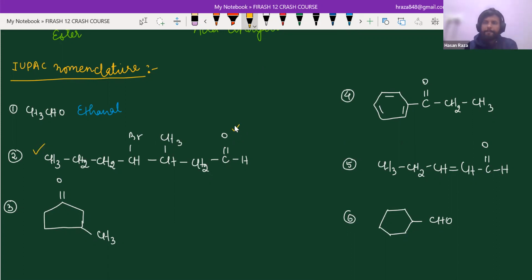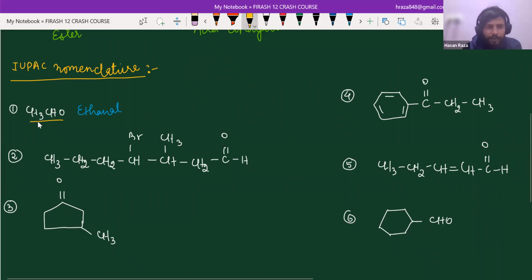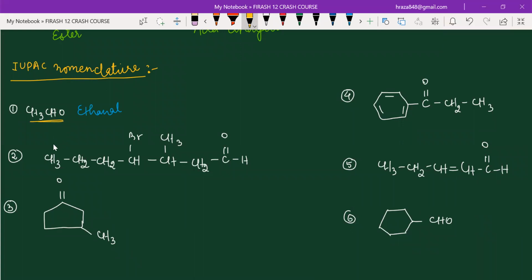Right here? Yes or no? On the right hand side? So can you tell me, Firaz, which functional group this is? That's an aldehyde. And which functional group is in the first compound? Aldehyde. And for aldehyde, you use al.